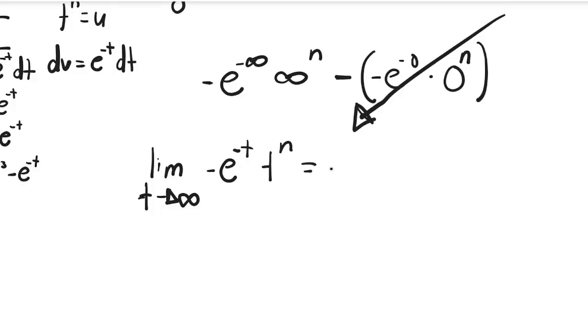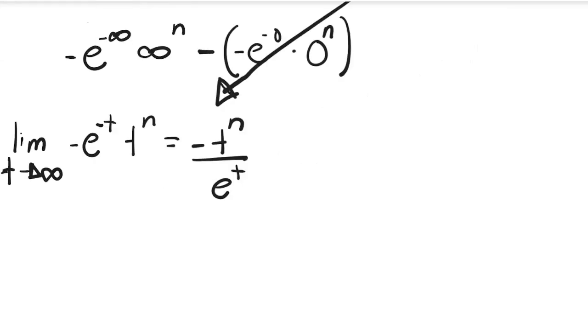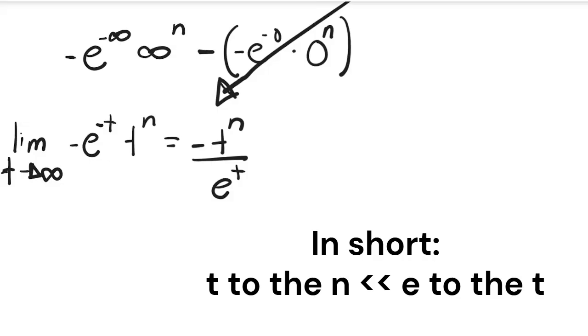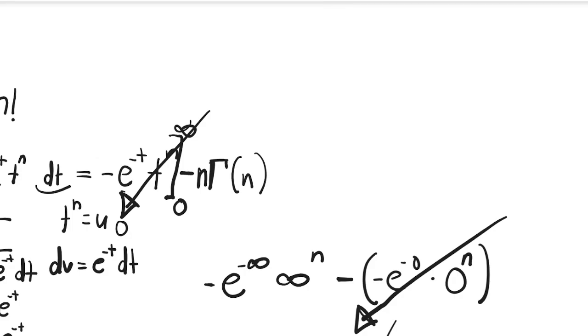And because of a certain theorem, we know that as a certain quantity approaches infinity, the one that is bigger will be the exponential. If you want me to, I can do a video on that theorem and explain why. But basically this will go to 0, and this therefore will go to 0.